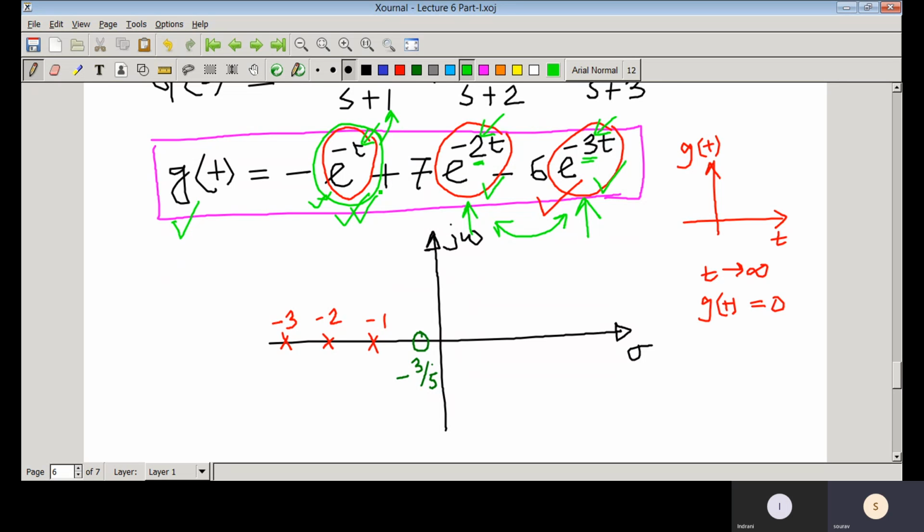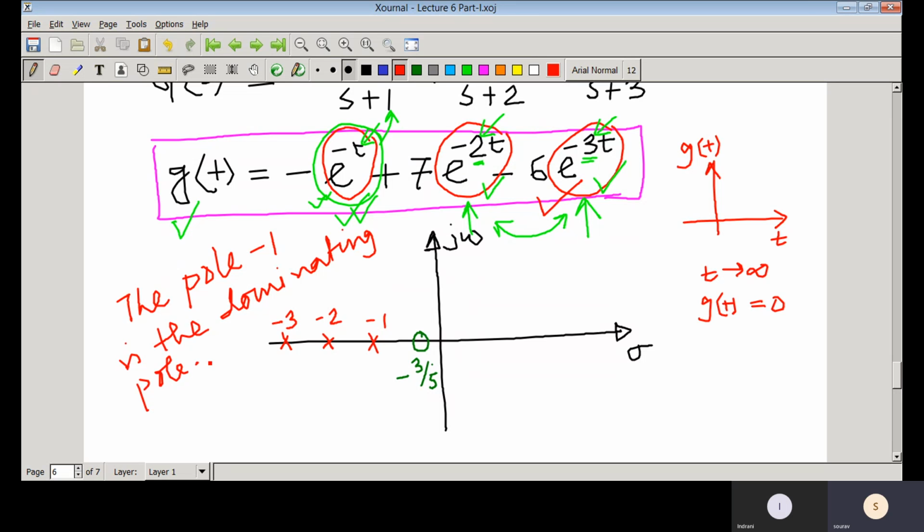The effect of this particular term is prominent in the transient response. That's why the pole at minus 1 is the dominating pole. Again I am repeating this.